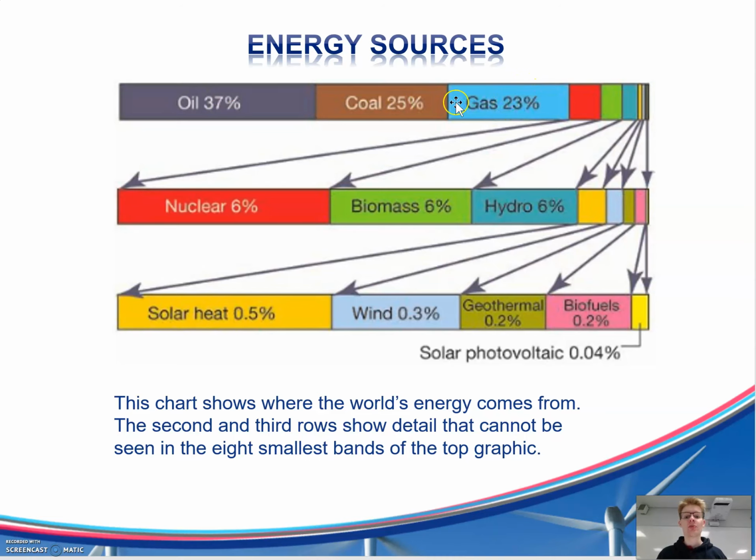These are not renewable resources. It's only down here that we've got all the renewable resources, and we're only relying on them by a tiny little bit. It's not very much.